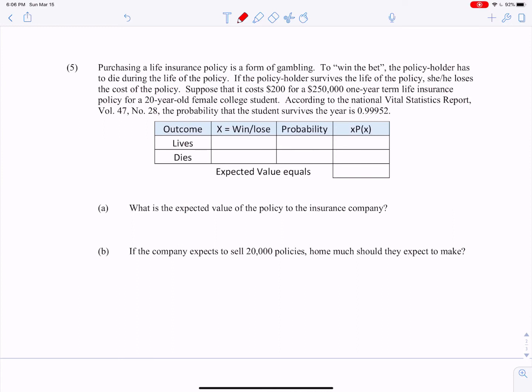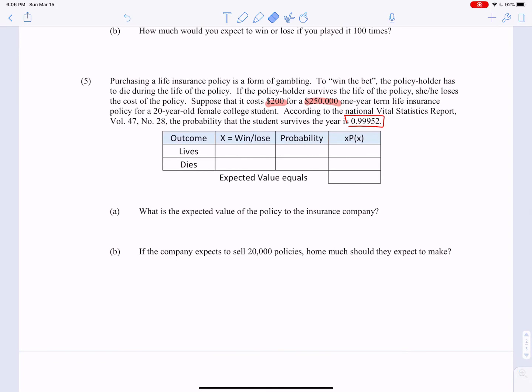So we're going to suppose that it costs $200 for a $250,000 one-year term life insurance policy for a 20-year-old female college student. Now, according to statistics, the National Vital Statistics Report, the probability that a student survives the year is 0.99952. So if the student lives, the probability is going to be 0.99952.